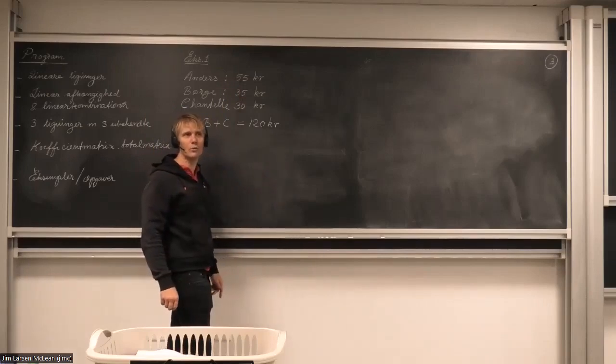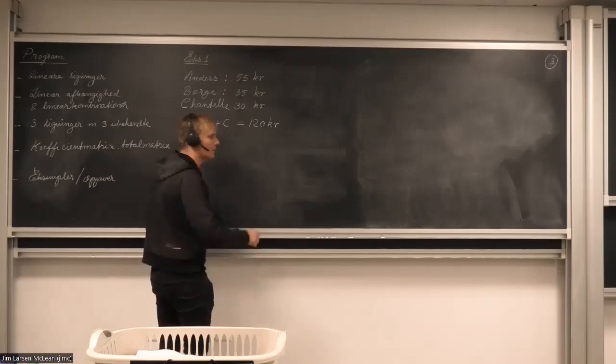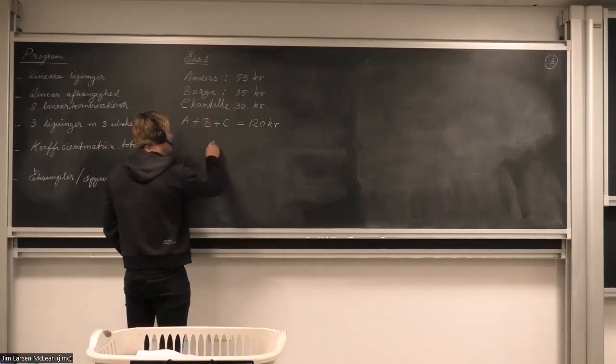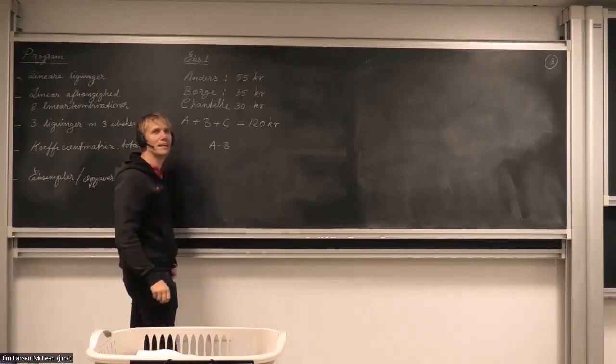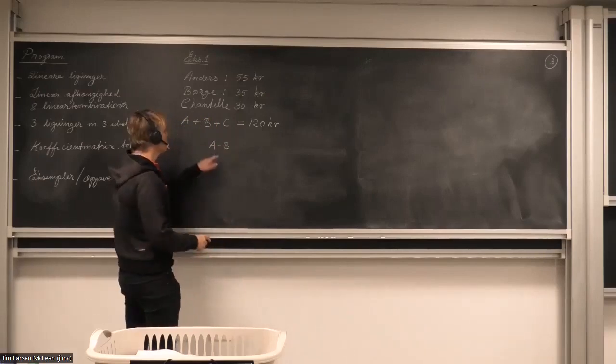They have 40 kroner in the end. First, we take what A has, then we subtract what A is supposed to give to B.